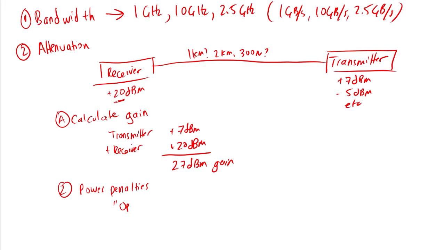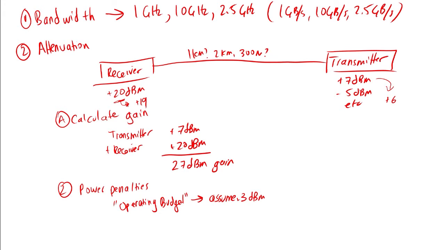If we had no room in the power budget, we wouldn't be able to cope if this receiver was not operating at optimal conditions or wore out, or same with the transmitter. What if the transmitter was operating today at plus 6, or a receiver was operating at plus 19? So we have to have an operating budget, which can vary from spec to spec, but assume it's about 3.